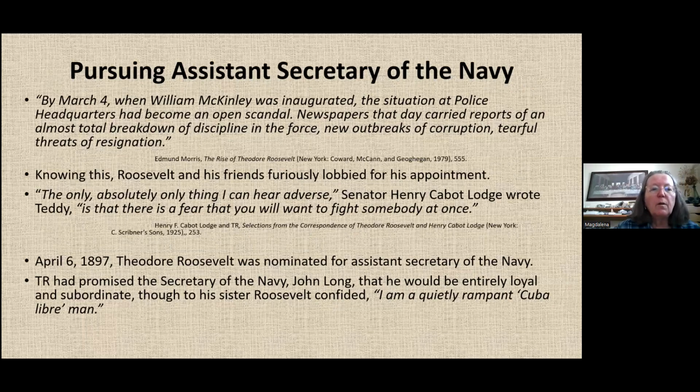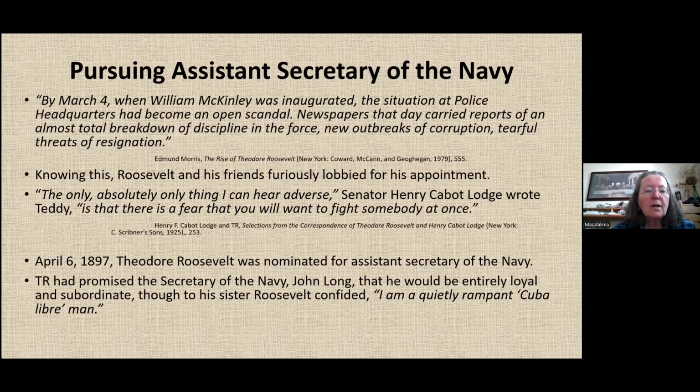So, for example, at that time, the newspapers carried reports of an almost total breakdown of discipline in the police force in New York. There were new outbreaks of corruption, tearful threats of resignation. It was the big scandal, an open scandal at the police headquarters, very well known in the newspapers.